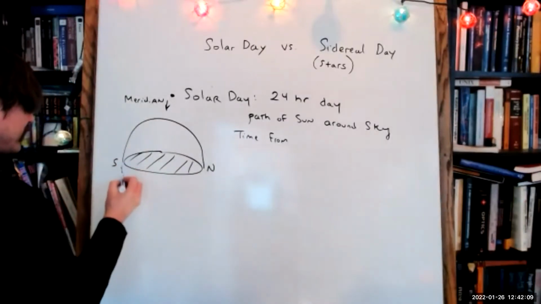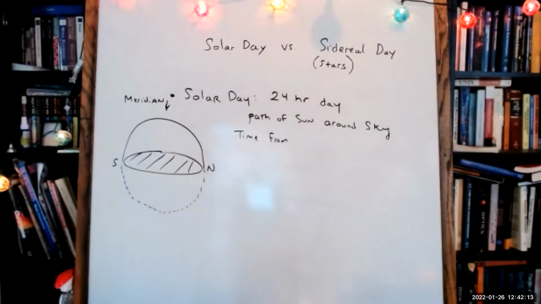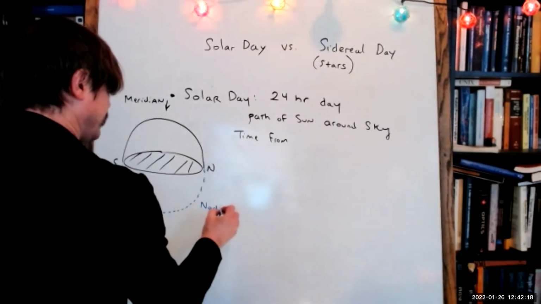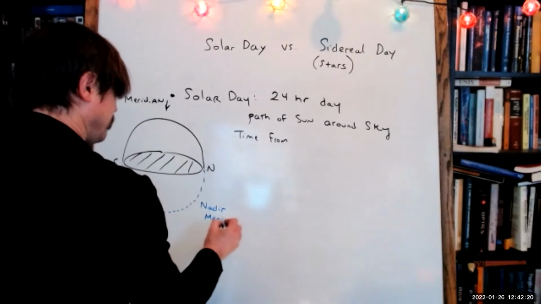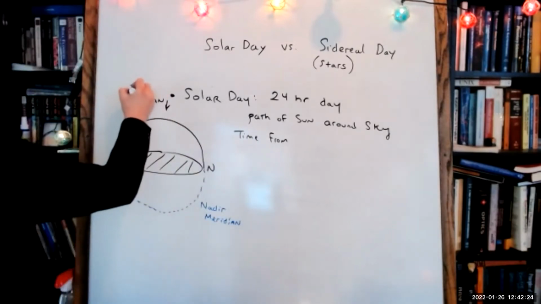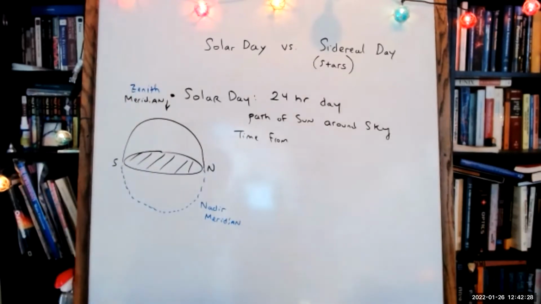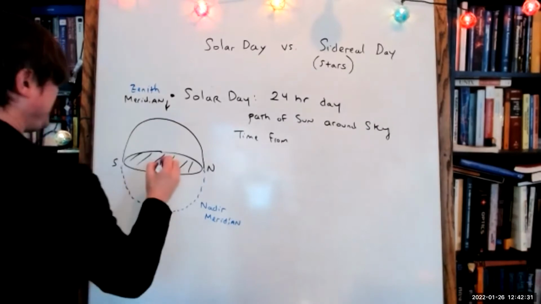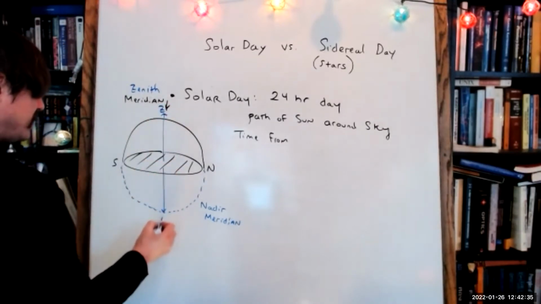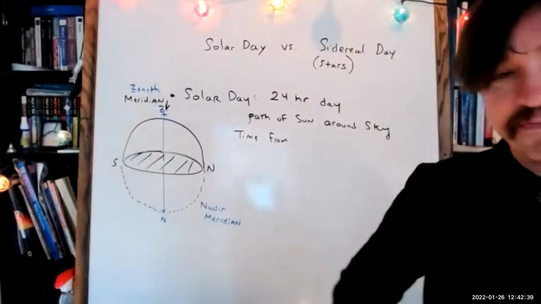And that's the part of the celestial sphere that's underneath our feet that we can't see. We refer to this as the Nadir Meridian, and we refer to the top one as the Zenith Meridian in technical astronomy. The zenith is the point overhead. The nadir is the point on the sky below your feet, which you do not see.